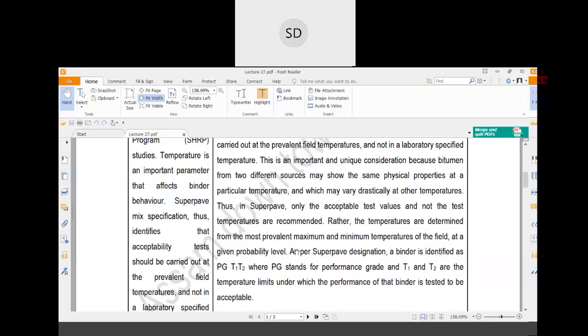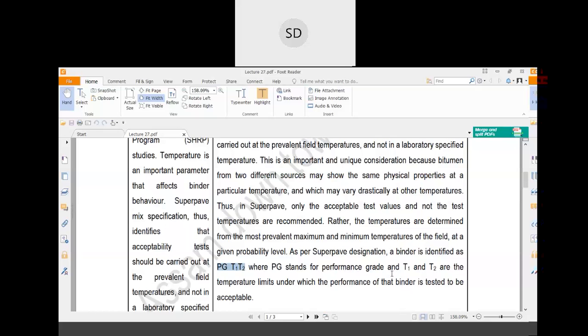As per the Superpave design, a binder is identified as PG T1-T2, where PG stands for performance grade, and T1 and T2 are the temperature limits, that is, one is the higher temperature and another is the lower temperature. Within that particular range, the performance of the binder is checked.